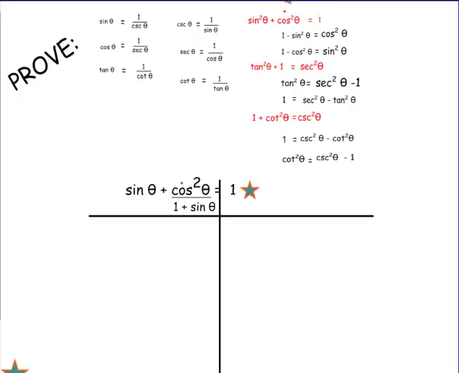So I'm going to start manipulating this proof so I can somehow get that sine squared plus cosine squared. If I put a 1 under this, this is commanding me to add these fractions together. To add fractions, I have to get a common denominator, which is 1 plus sine theta. So I'll take sine theta over 1, and multiply it to get my common denominator.